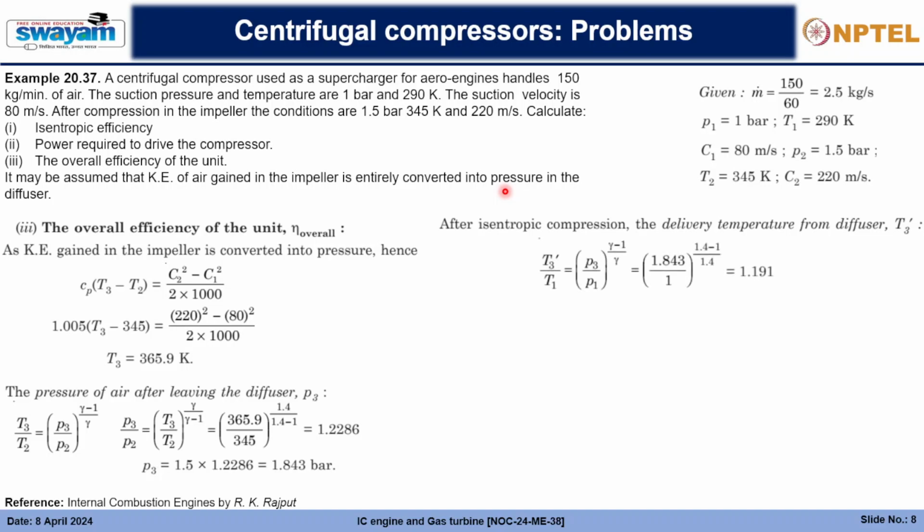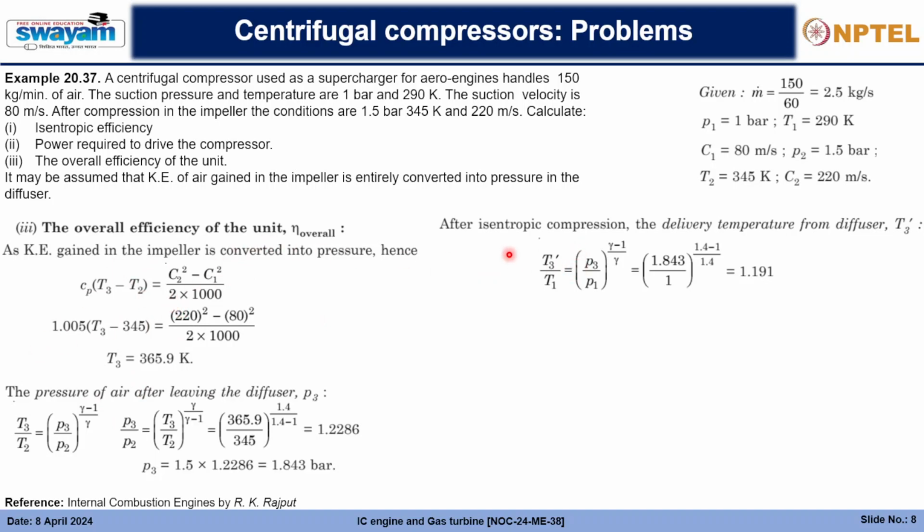this T3 dash to be an isentropic process. So if the pressure would have been from the start to the P3, we consider this pressure to be constant, and if the process would have been isentropic, but here we did not consider an isentropic process, so we included the losses.